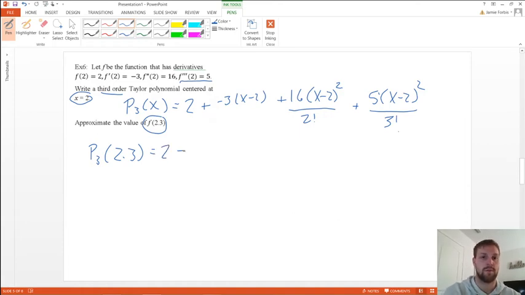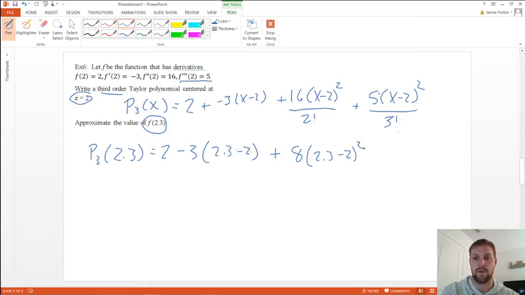So that's 2 minus 3 times 2.3 minus 2, which is just 0.3, plus 8 times 2.3 minus 2 squared, plus 5 sixths, if you did the factorial out, times 2.3 minus 2 cubed. Honestly, all I really care about is that you can create the Taylor series and you know to plug in the value, and then that value is approximately equal to 1.8425.